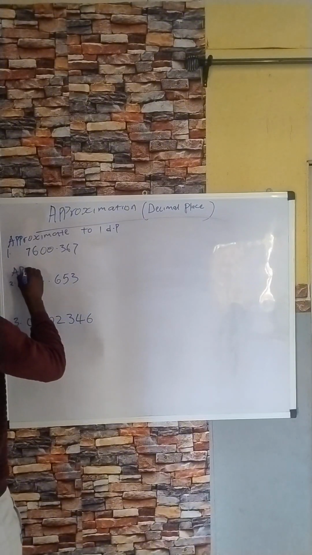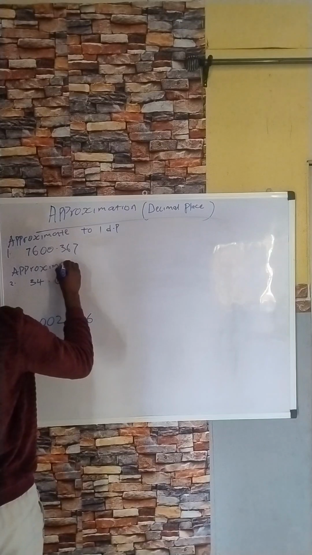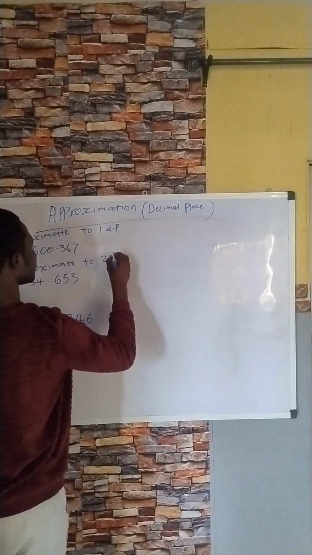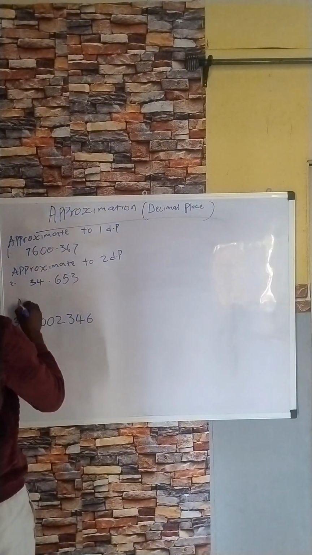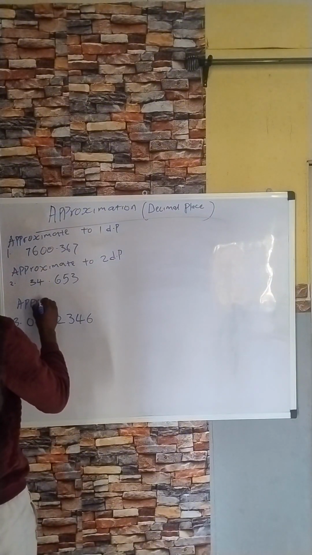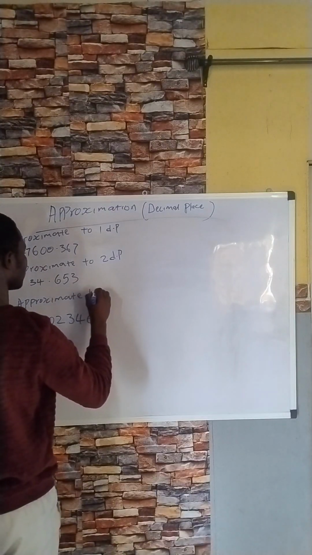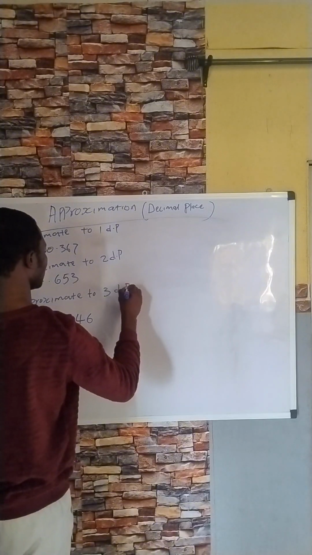Approximate to 2 decimal place. Approximate to 3 decimal place.